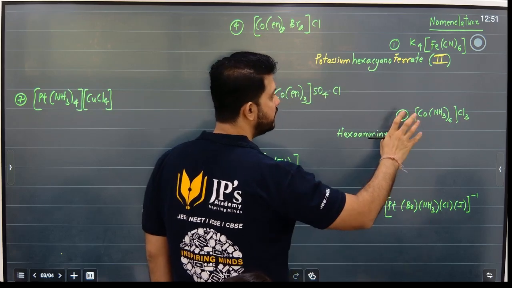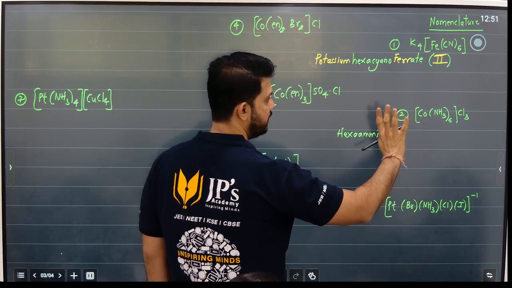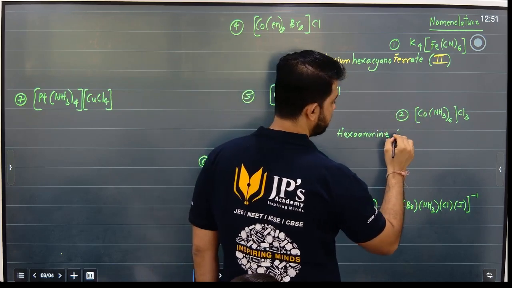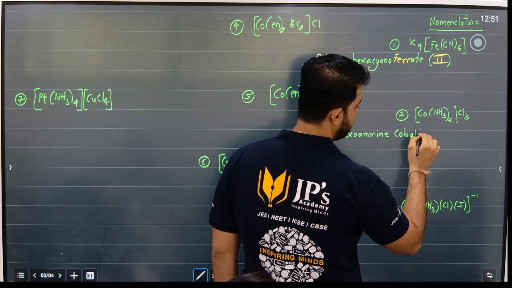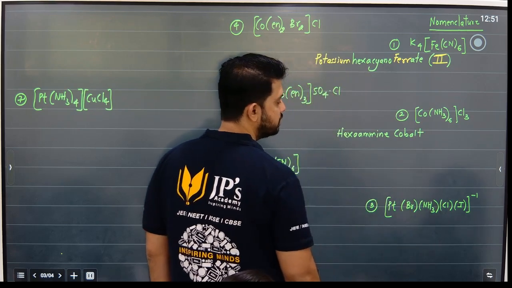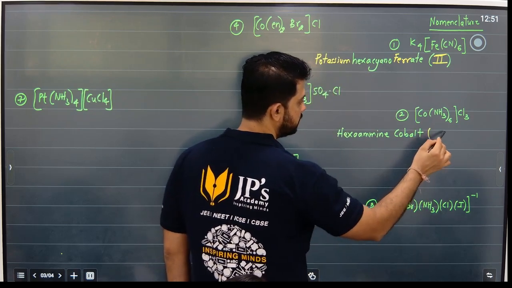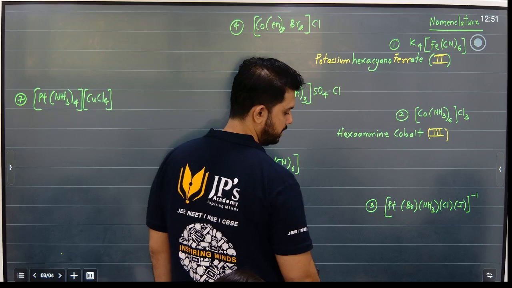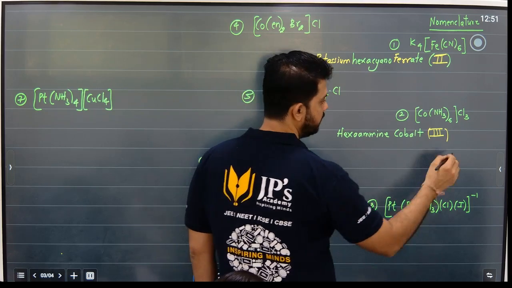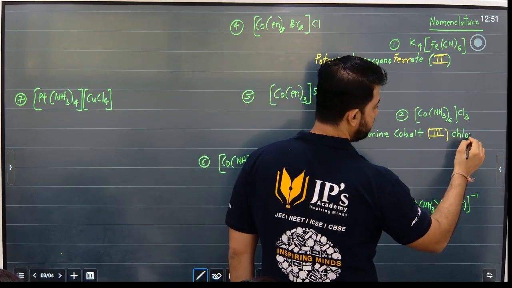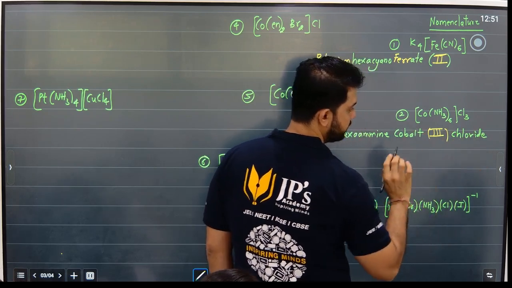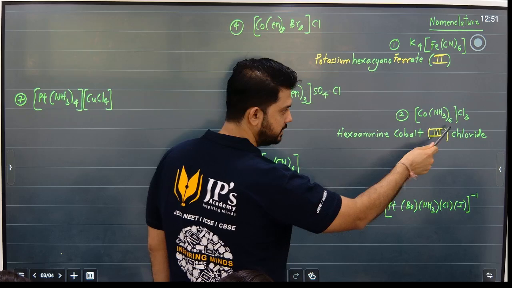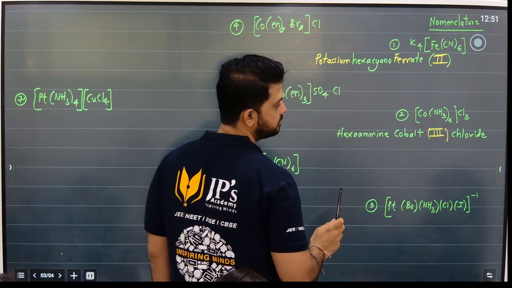It is a cationic complex, so the name of the metal is as it is. What is it? Cobalt. What is the charge on cobalt here? Excellent, 3. And then no need to write trichloride.